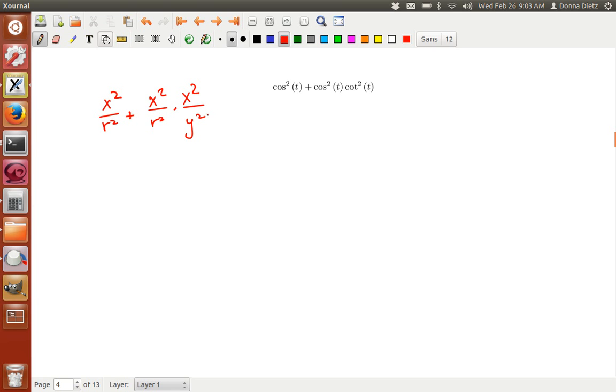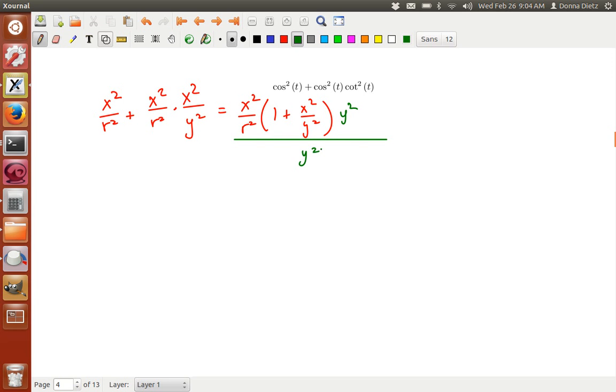At this point, I am going to go ahead and factor out the cosine squared, but it's now looking like x squared over r squared when I do it. Okay? Now what do I do? Well, something's a mess. One of the things that's a mess is the fact that we have this y squared I don't like down here. So I'm going to multiply by y squared over y squared.